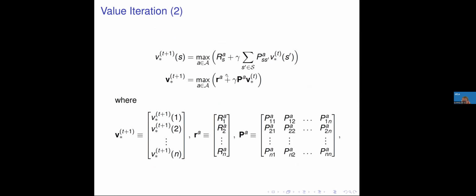Again, we can derive the fixed point equation from the Bellman optimality equation. Here we need to introduce some vectors and matrices. In the interest of time, I will skip this slide because I don't think it will affect your understanding of value iteration. These are just some detailed quantities that you need to define and play with when you implement the value iteration algorithm.